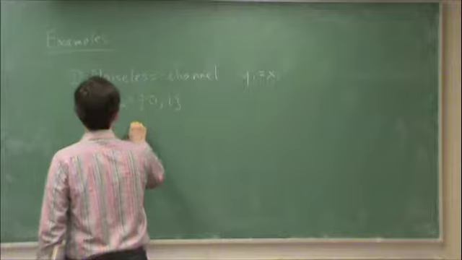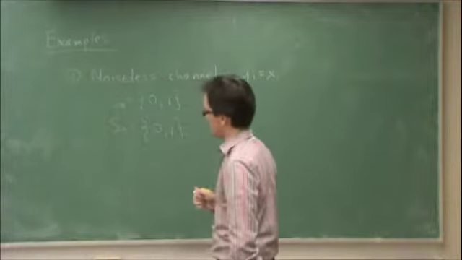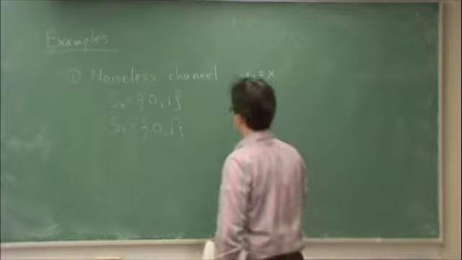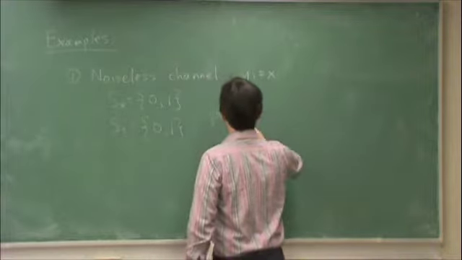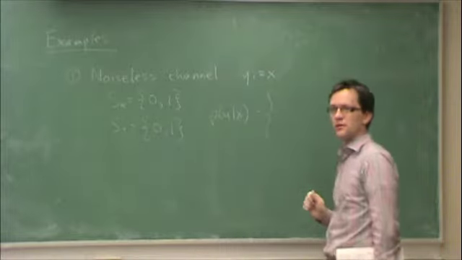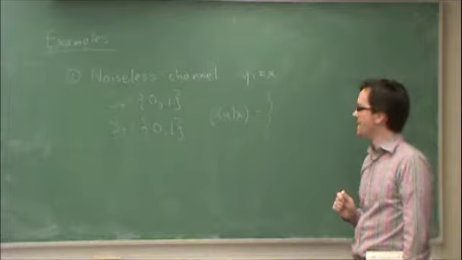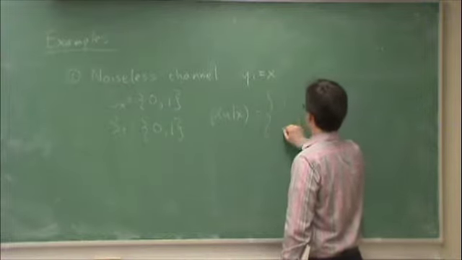Let's let Sy be binary. So the three things I have to specify are Sx, Sy, and probability y given x. If it's noiseless, what's the probability of y given x? It's 1 if y equals x and 0 otherwise.